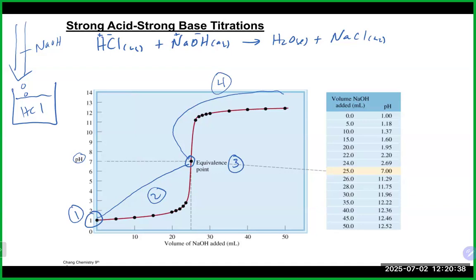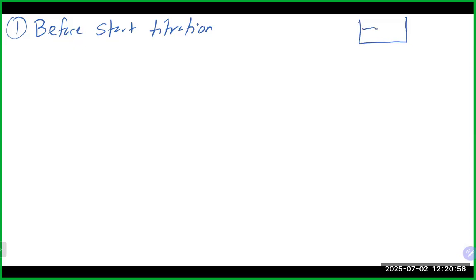Let's start with the very first spot, which is before we start the titration. That means the only thing we have going on in this example is hydrochloric acid sitting in a beaker, or in a flask if you so choose. If we want the pH of hydrochloric acid, how would we get it?